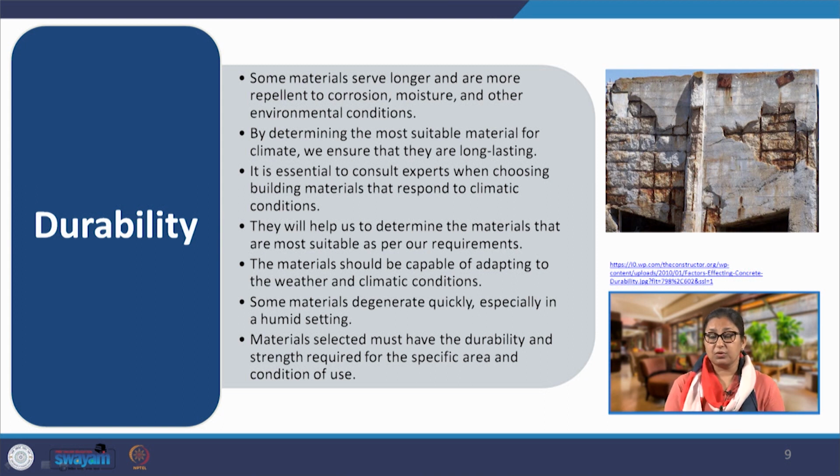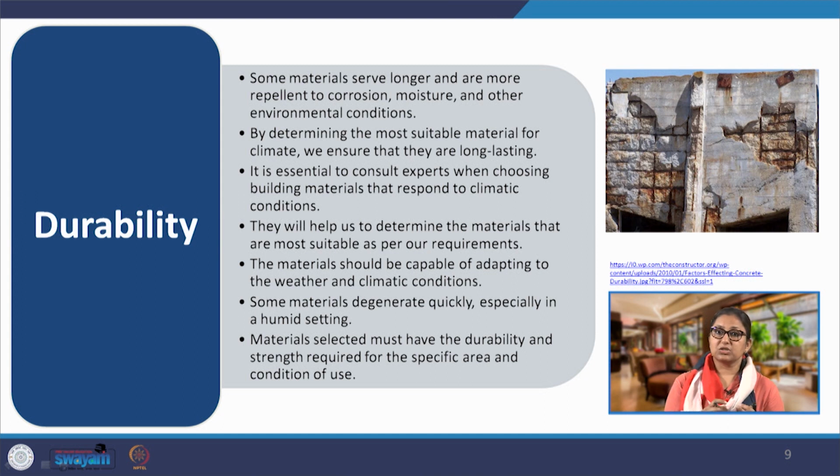The problem with that was, of course, that strength was an issue, but for a single storied building it still had as much strength as was required to serve the purpose. But the durability was a problem. Every time there would be rains, there would be excess moisture in the atmosphere, and this material would start to disintegrate.